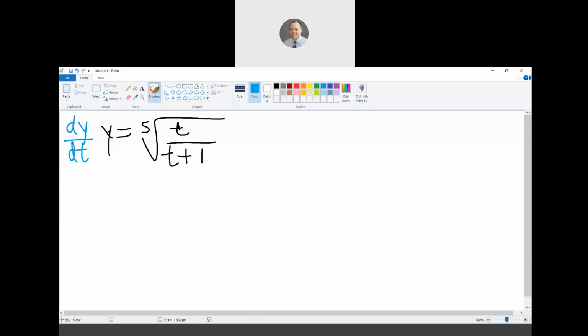Before we take the derivative, let's rewrite the right side with an exponent. The fraction can be rewritten as t over t plus 1 raised to the 1/5 power.